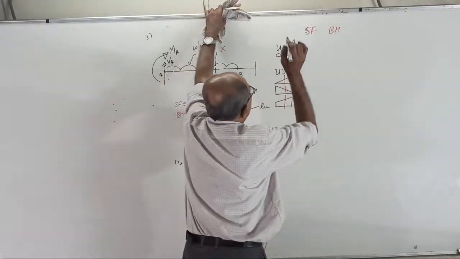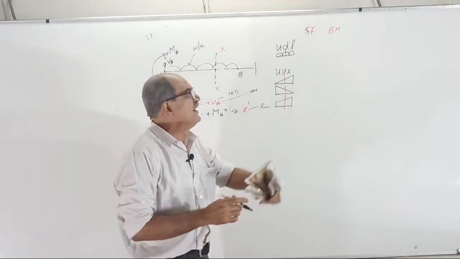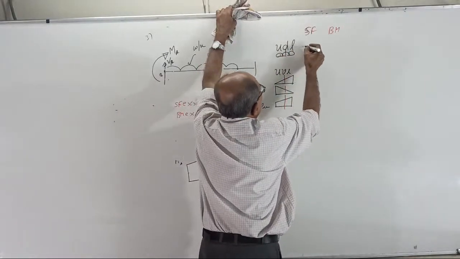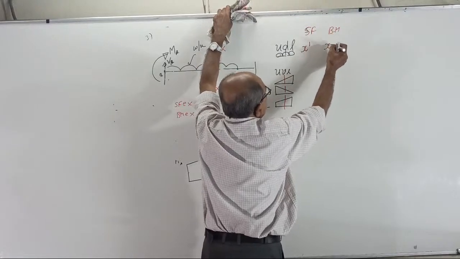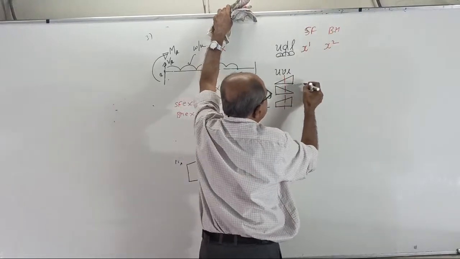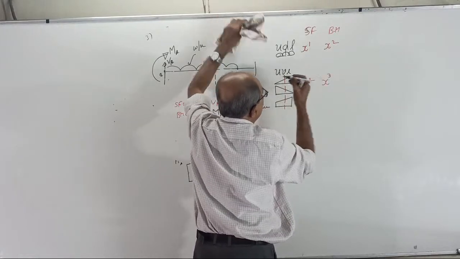Now see, you should know this once and for all. Don't remember by the crude method. If UDL is there, shear force is x power 1, BM is x power 2. If UVL is there, shear force is x squared, UVL is x, bending moment is x cubed.